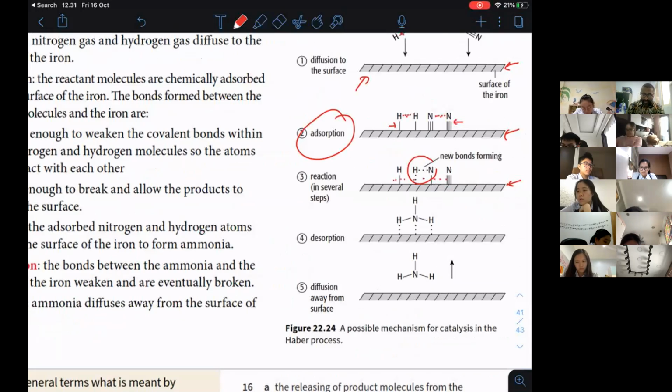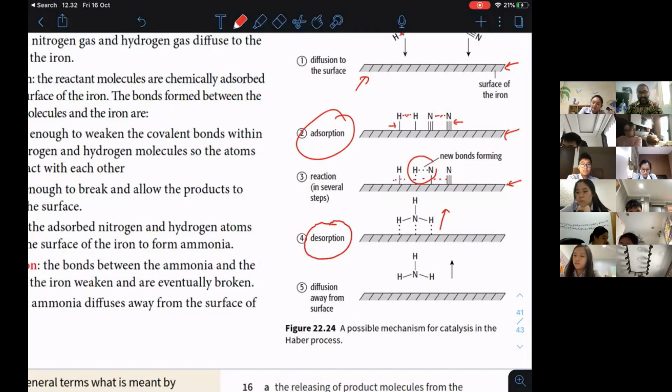That is what we call desorption, diffusion away. In simple terms, they diffuse to the catalyst and get adsorbed, bonds are broken, new bonds are formed, the bonds with the catalyst weaken, that is desorption, and then they diffuse out. I think it is as simple as that.